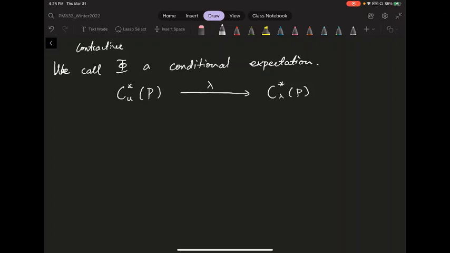So the question is really just when this lambda is faithful, is injective. And now what I have in this picture is a conditional expectation, let's call it big phi, onto the diagonal algebra D_U.